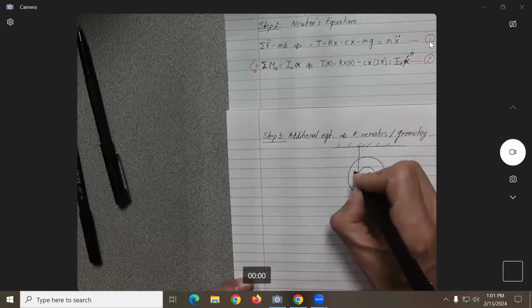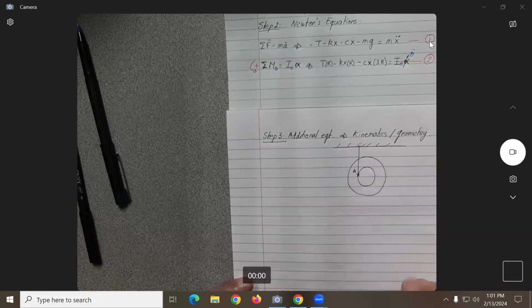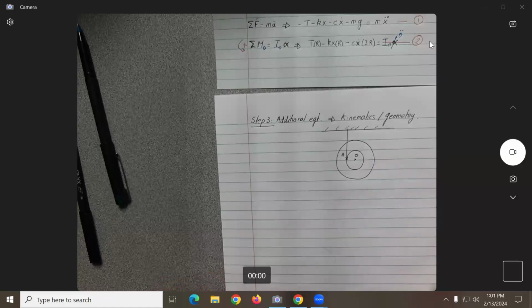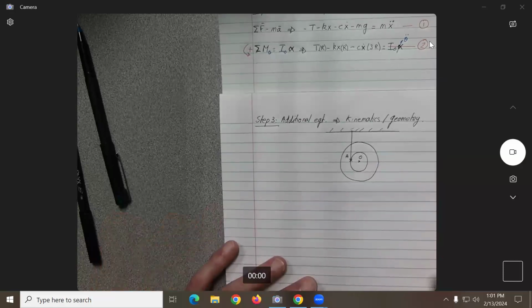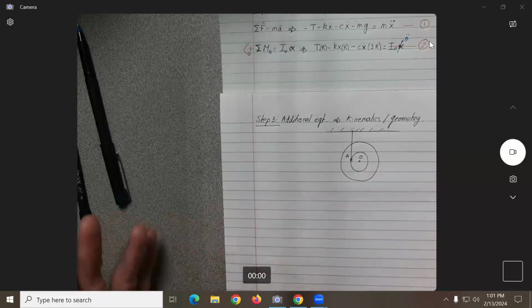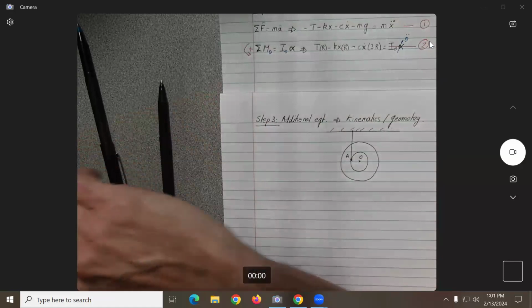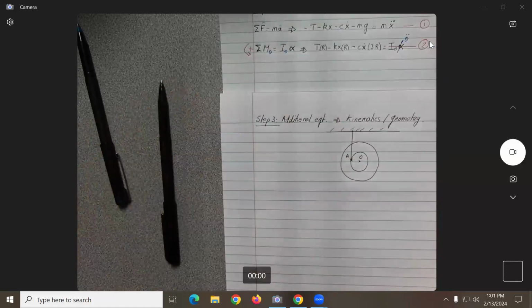Let me call this point here A. Okay. So now, what can be the third equation? Maybe I made a little mistake here with notation.